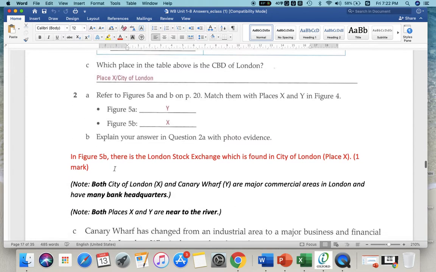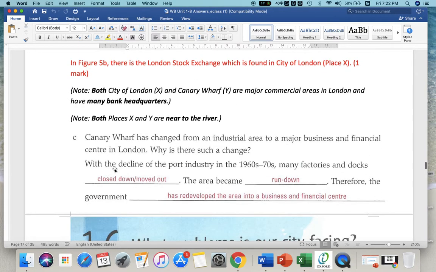Number 2, A and B, I asked you to skip. And for 2C, Canary Wharf has changed from an industrial area to a major business and financial center in London. Why is there such a change? With the decline of the port industry in the 1960s to 70s, many factories and docks closed down or moved out.